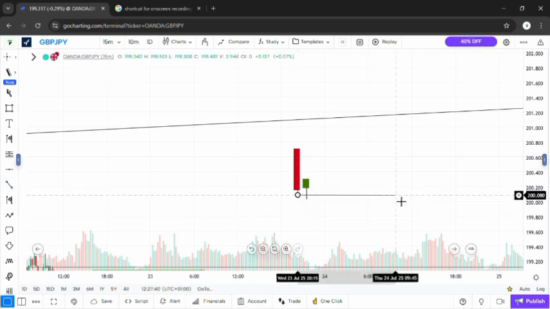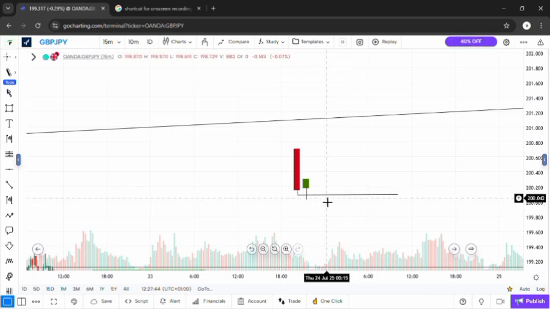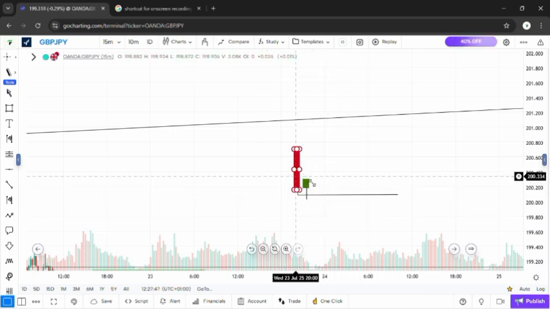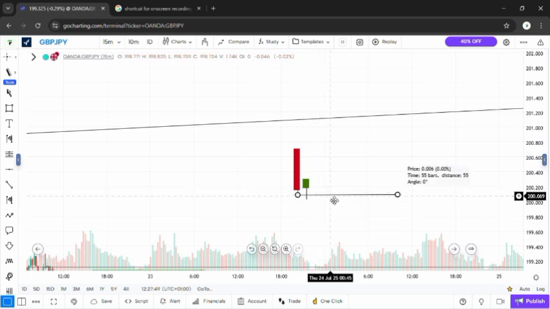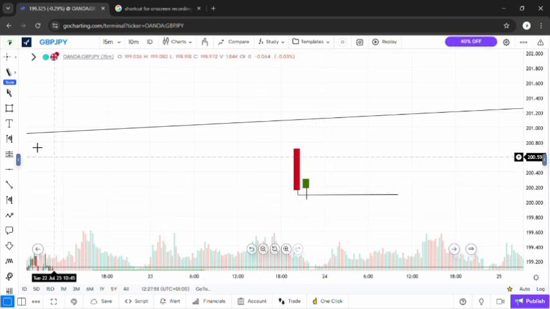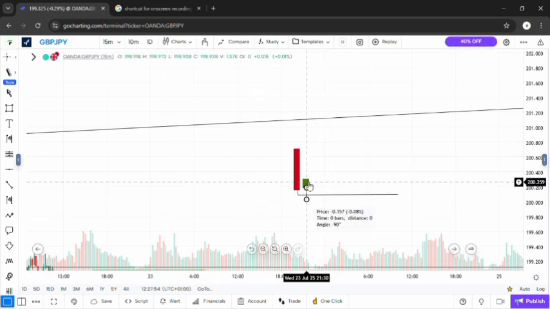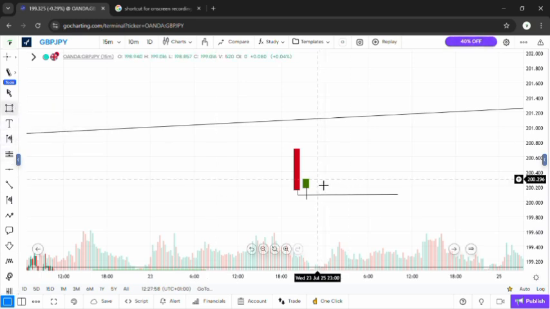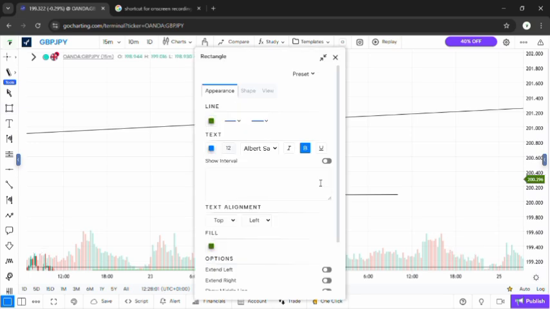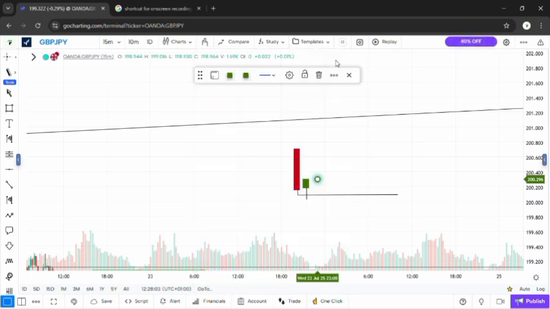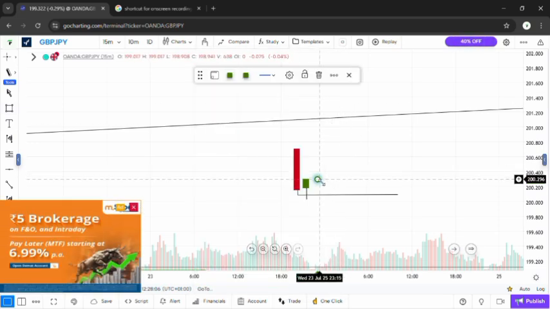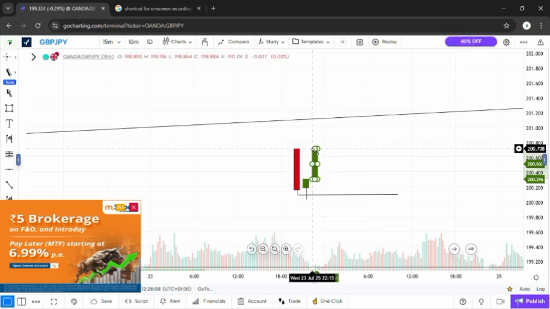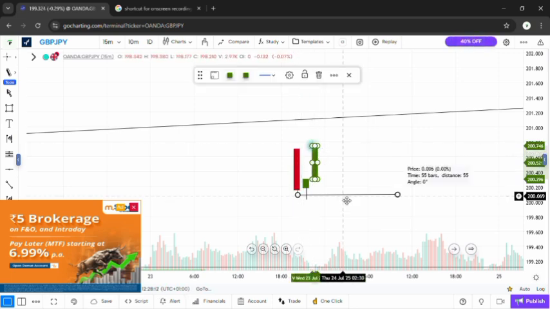Once you see this pattern, it then means the next candle will go up and probably clear the top liquidity of this other candle. This is a pure CRT pattern.